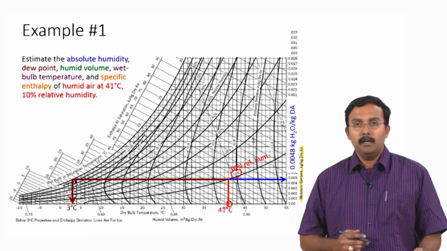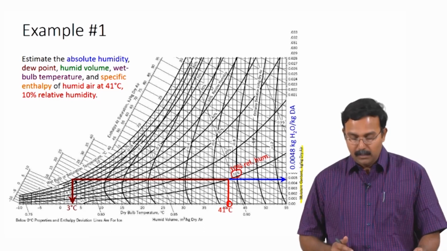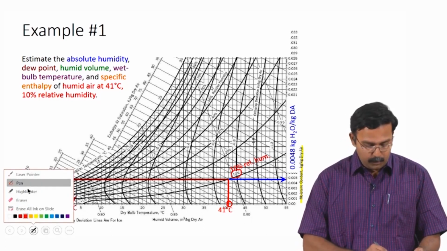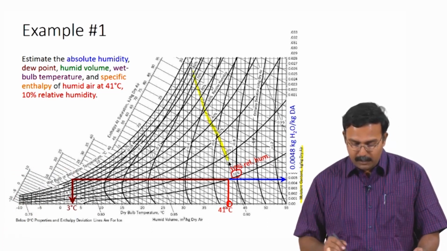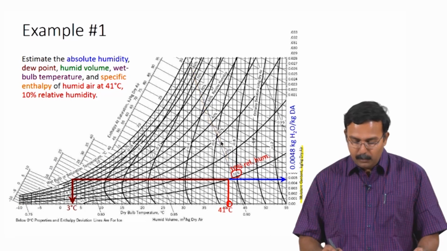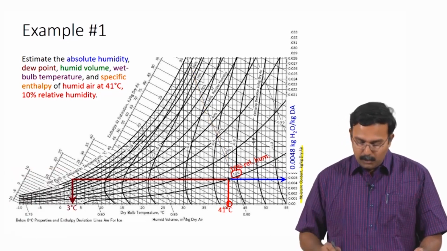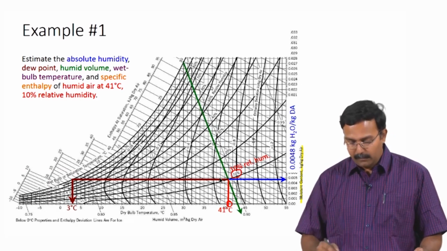Now, the next aspect we need to identify is the humid volume. If you remember, humid volume can be identified using one of the slanting axes. We need to draw a line through this point, parallel to this axis, which is what I have done here.